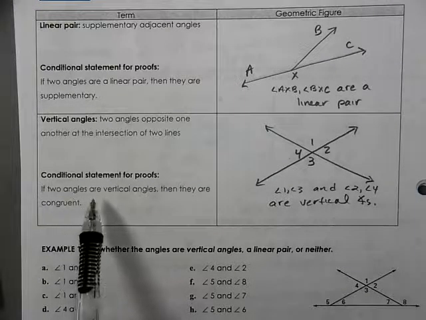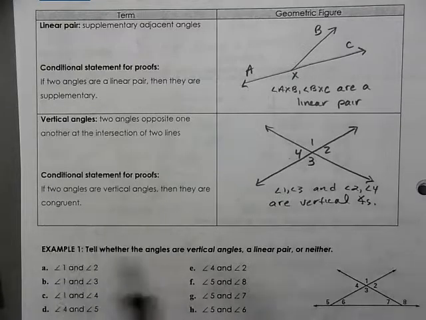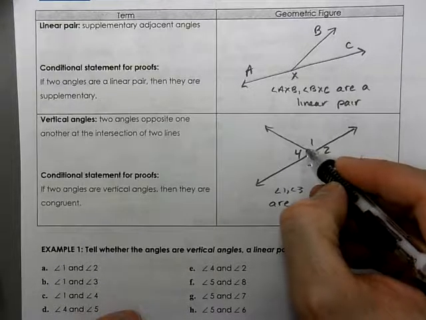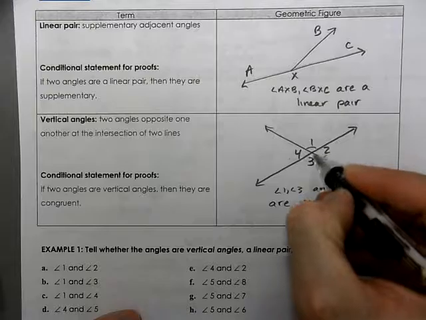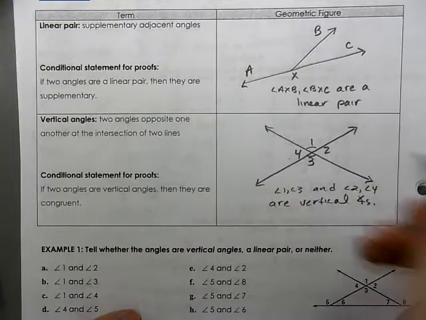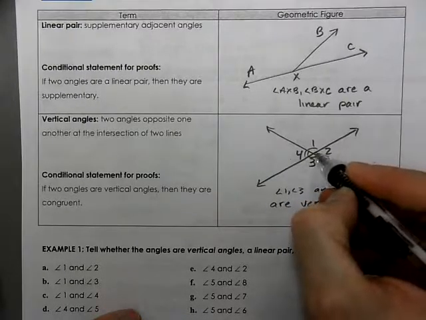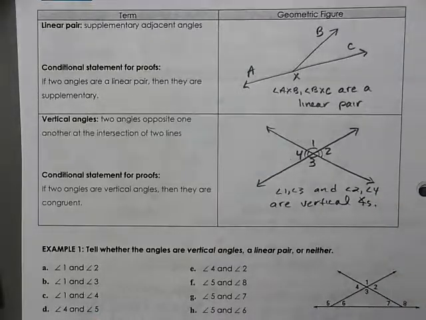If two angles are vertical, then they are congruent. This angle here is going to be congruent to this one, and these two will be congruent to those.